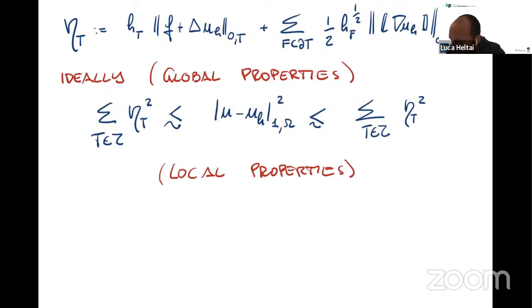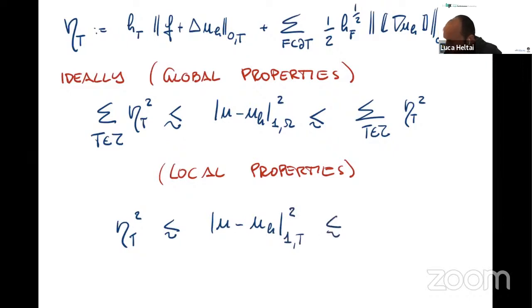So local properties, ideally, we would like to have that eta_T squared is controlled by the norm of u minus u_H on T squared, and this is controlled by eta_T squared. So we would like for an error estimator to be reliable and optimal.